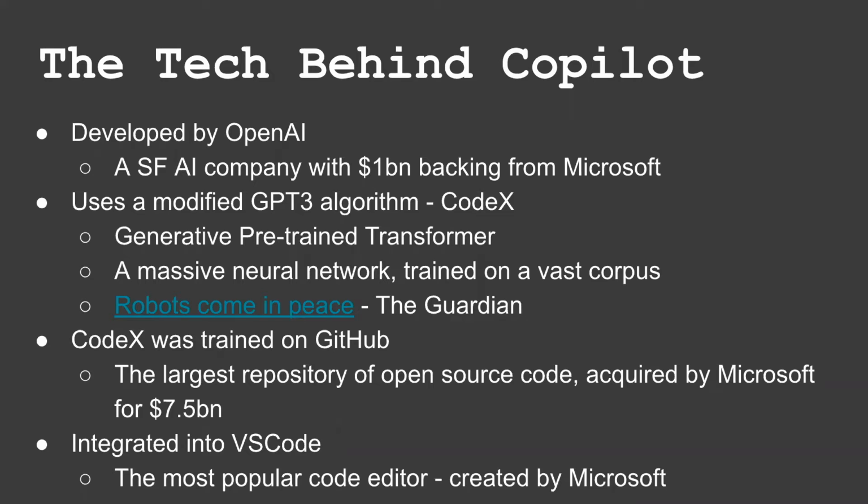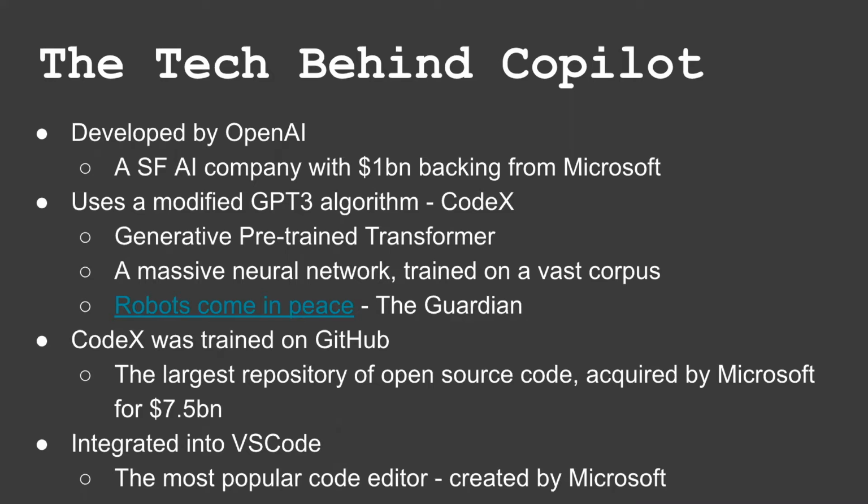GPT-3 has been trained on a vast corpus of text, including published works from libraries through to Wikipedia. They basically train it on as much text as they can. It's a massive neural network. I think they state it's got something like 16 billion parameters within the neural network itself. It's huge. As a result, the performance of GPT-3 is quite astonishing.